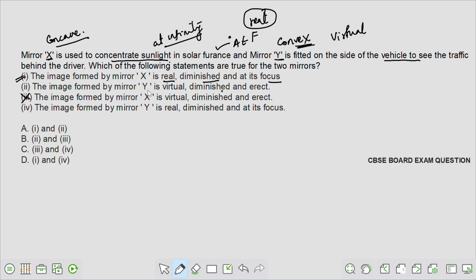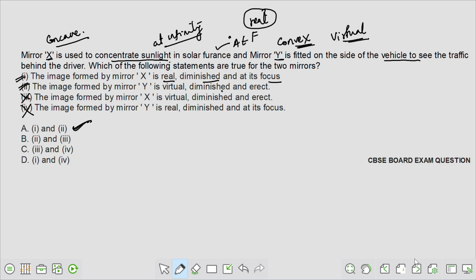Now let's see mirror Y. We have identified that it forms a virtual and diminished image, and one option says Y is real, so we have to eliminate it. Now among A, B, C, D, which shows 1 and 2? Very good, option A. So the right option here is 1 and 2.